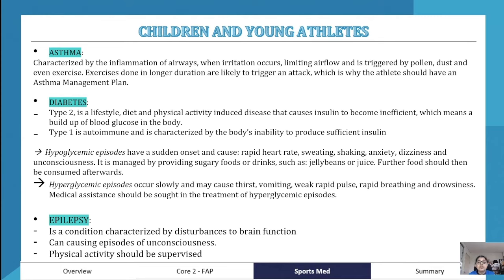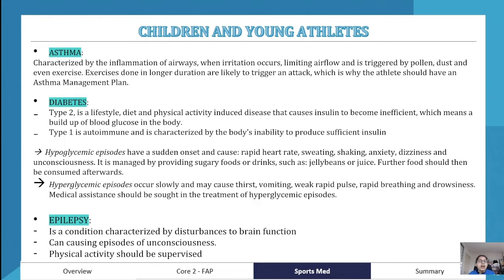Hypoglycemic includes these specific signs because the blood glucose level has dropped down, and that means that the coach should be aware of this and immediately feed the athlete with high energy foods like jelly beans or juice.